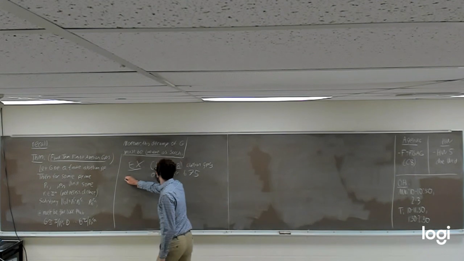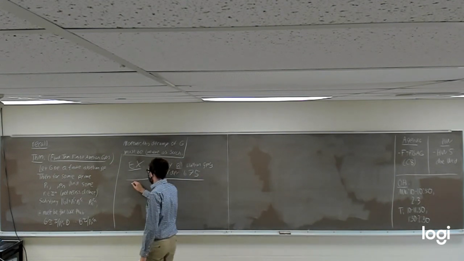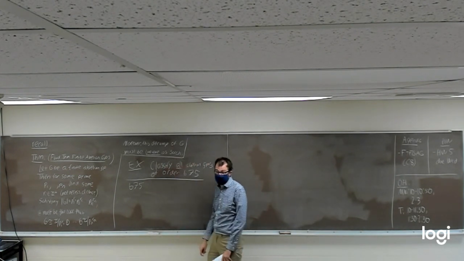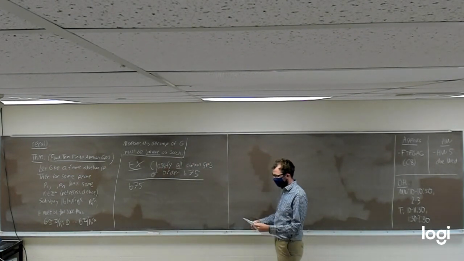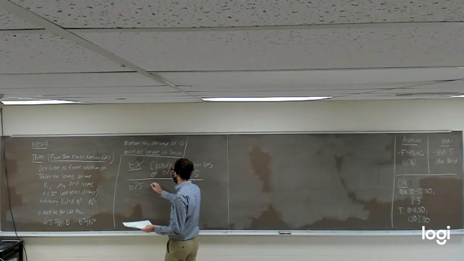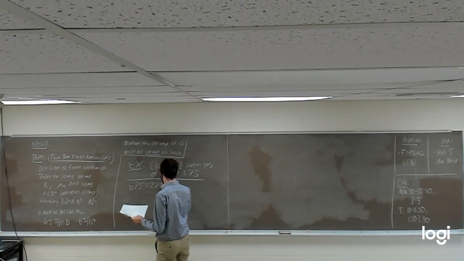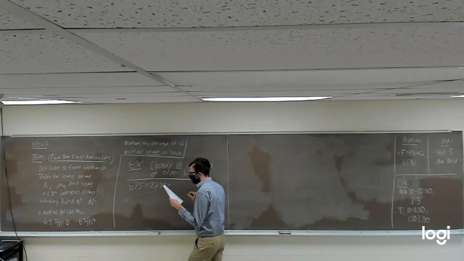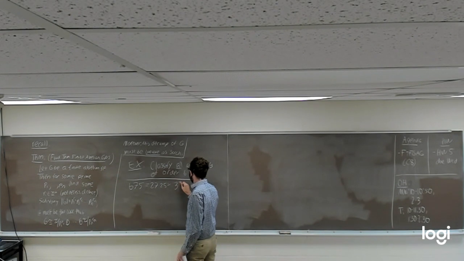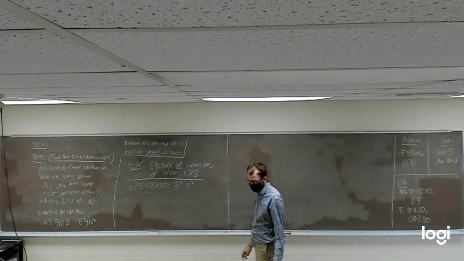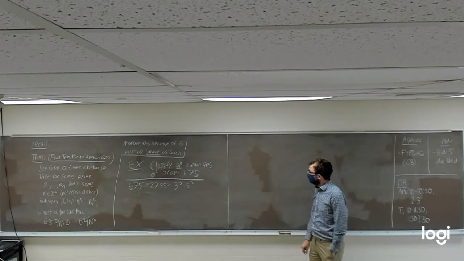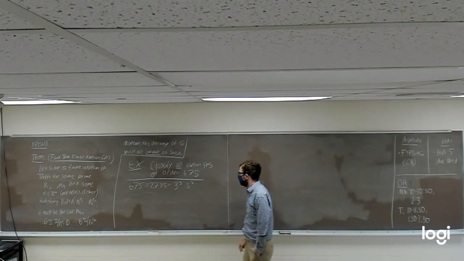And our strategy, starting off, is just going to be to see how we can find a prime decomposition of 675. What y'all came up with last time is that 675 is equal to 3 cubed times 5 squared, 27 times 25, in other words.